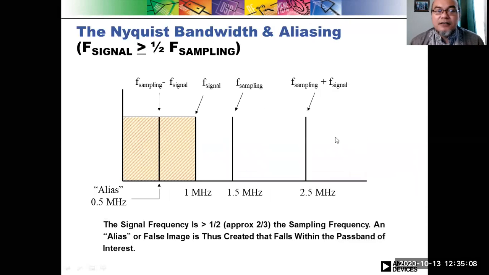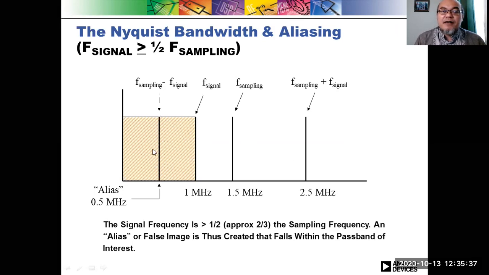But this is what happens when you do not obey the Nyquist criteria. The signal frequency here is larger than half of the sampling frequency. For example, the signal frequency is 1 megahertz and you sample at only 1.5 megahertz, which is less than 2 megahertz. F sampling minus F signal, 1.5 minus 1, is 0.5 megahertz. 1.5 plus 1 is 2.5 megahertz.